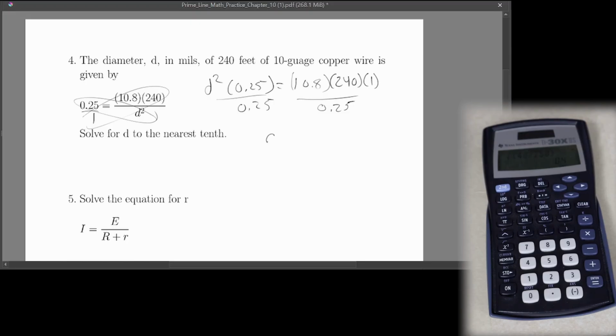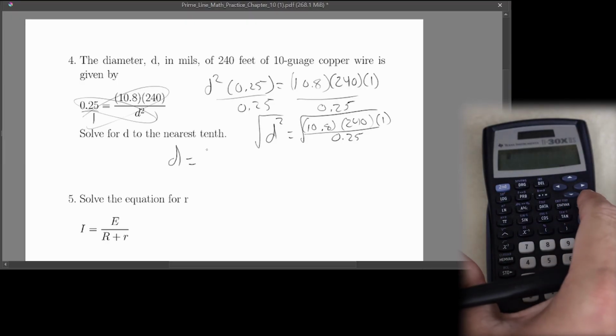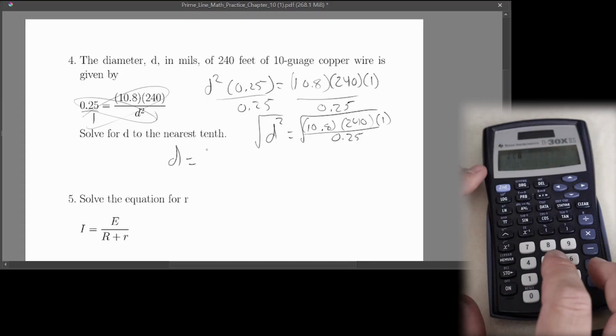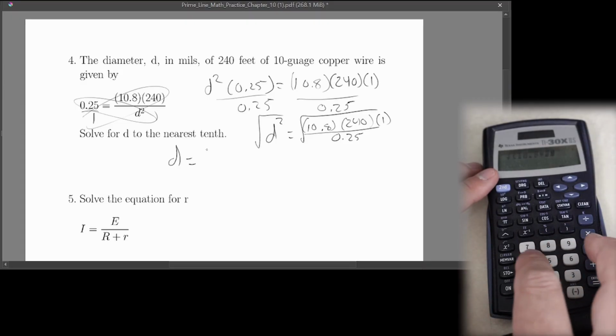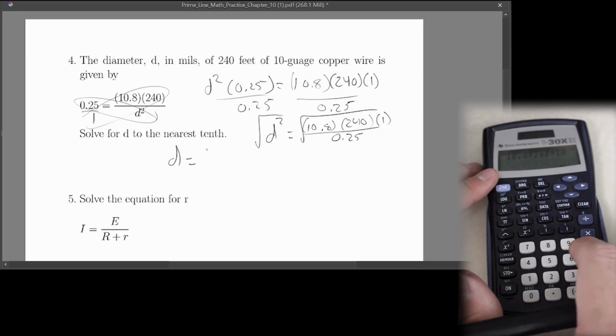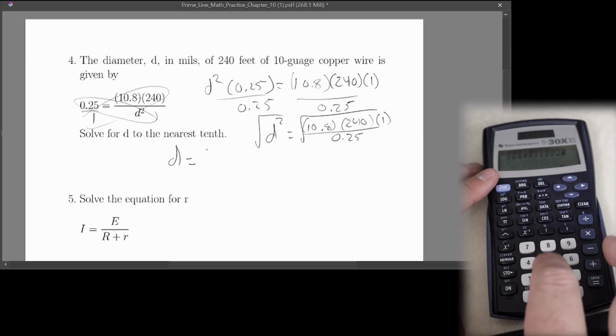From here, I can say D squared equals 10.8 times 240 times 1 over 0.25, and I can square root both sides to get my value for D. On the calculator, that's the square root of 10.8 times 240 times 1 divided by 0.25.